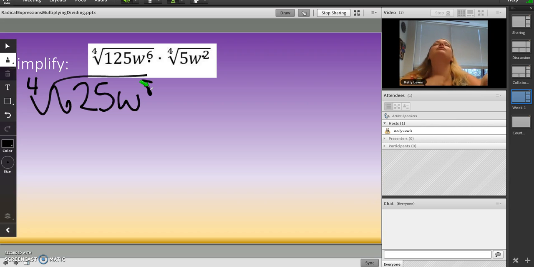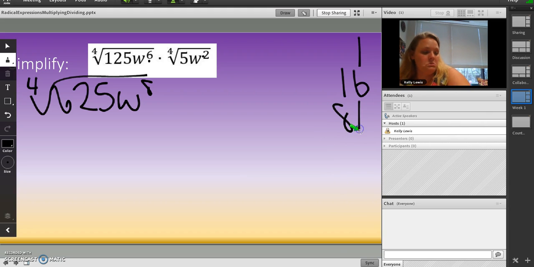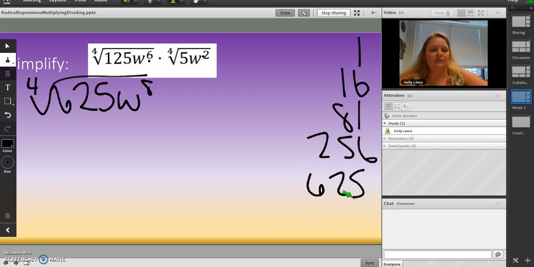So the fourth roots are 1 times 1 times 1 times 1, 2 times 2 times 2 times 2, 3 times 3 times 3 times 3, 4 times 4 times 4 times 4, 5 times 5 times 5 times 5, and I end up with 625. So I can stop there.